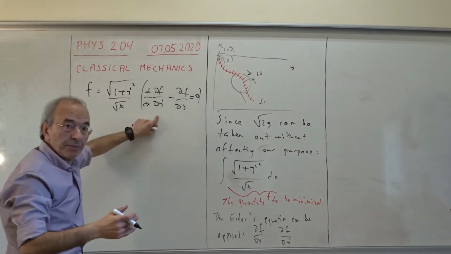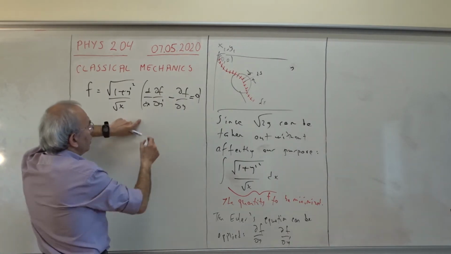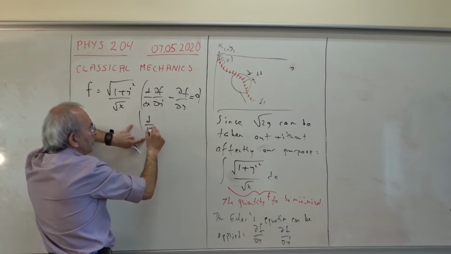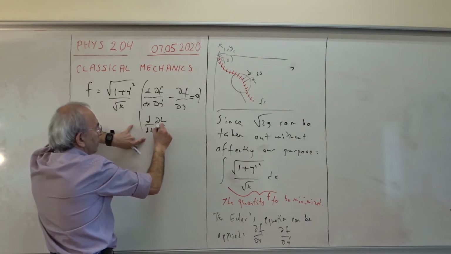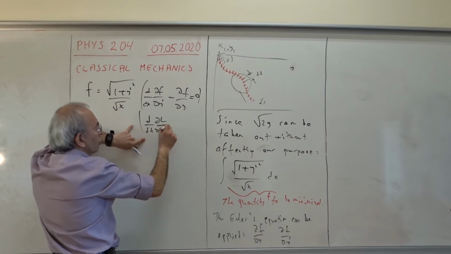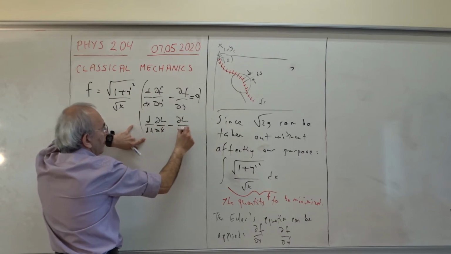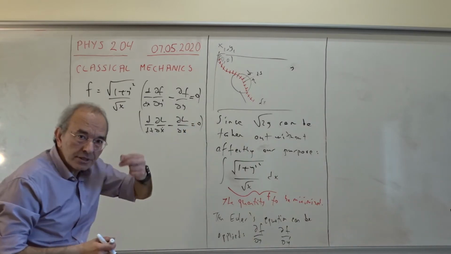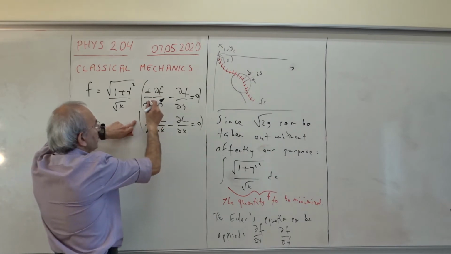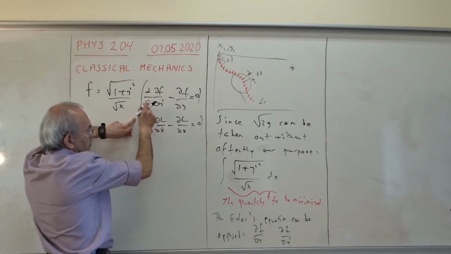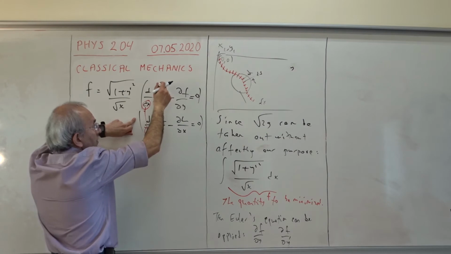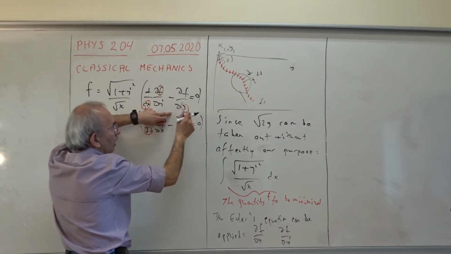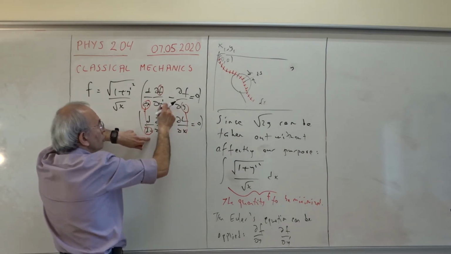Remember, if you compare it with the Lagrange equation, d by dt of del L by del x dot minus del L by del x equals 0. If you look at it carefully, there are some matchings. For instance, x dependence and t dependence correspond. f is L. If x now corresponds to y, then x dot corresponds to y prime.